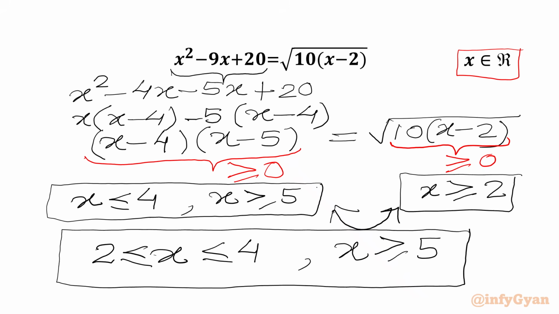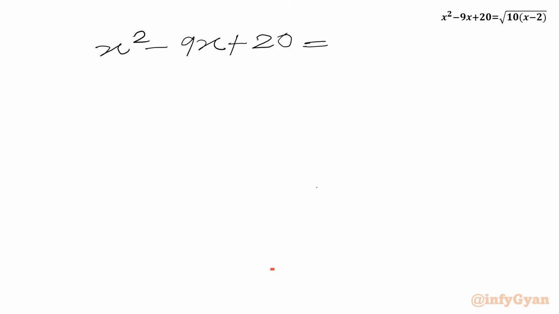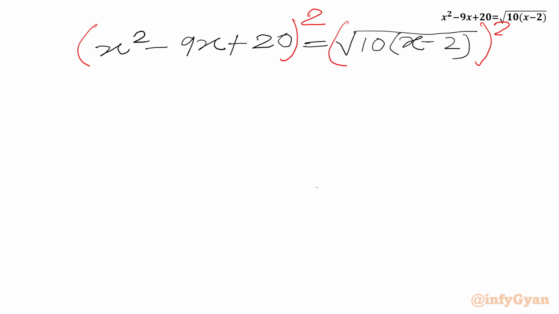Now we'll be squaring both sides. So I will write the equation x squared minus 9x plus 20 equal to the square root of 10 times x minus 2. Now we'll put power 2 on both sides. So let me write here whole square and let us put power 2 in the RHS also.